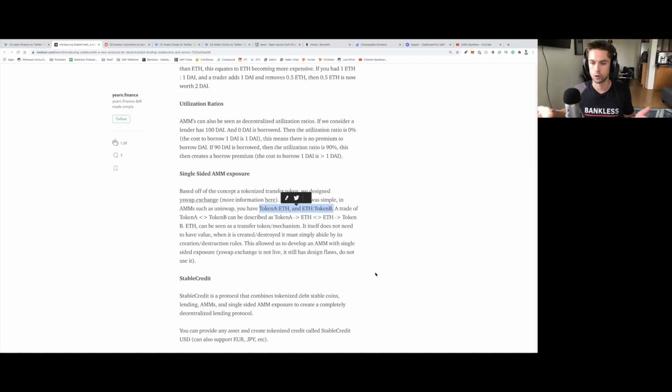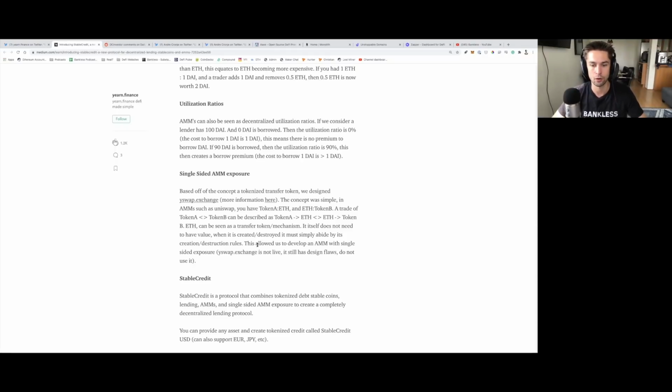And so, using some basic algebra, since you can just cut Ether out of that same equation, you just go from token A to token B, you just use Ether in the middle, right? And so Ether, Andre writes, can be seen as a transfer token mechanism. It itself does not need to have value. When it is created or destroyed, it must simply abide by creation and destruction rules.